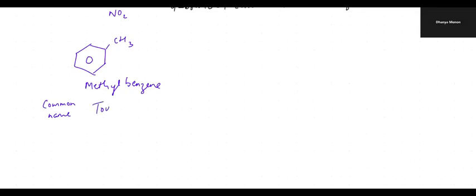You will come across toluene a lot of times in the textbook. Similarly, there is another compound like this, with C2H5. There's an ethyl group, so this is ethylbenzene.